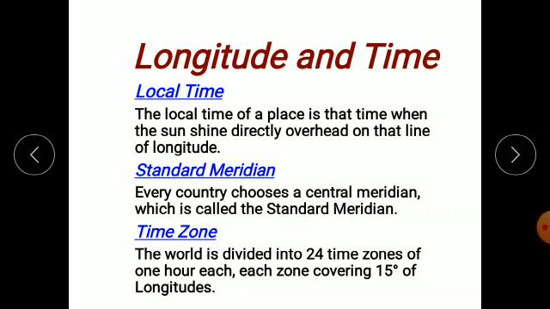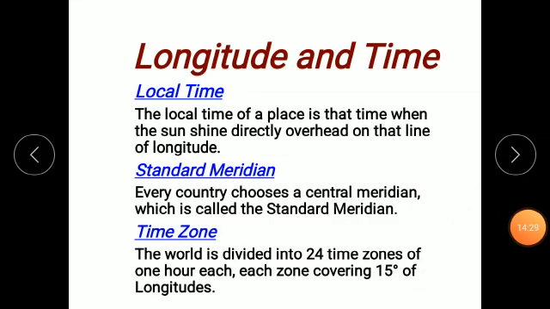The world is divided into 24 time zones of 1 hour each, each zone covering 15 degrees of longitude. Students, I am going to tell you one fact. Russia has 11 time zones because of its vast longitudinal extent, or the east-west expansion.